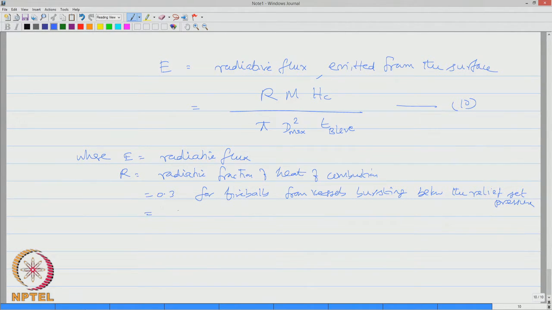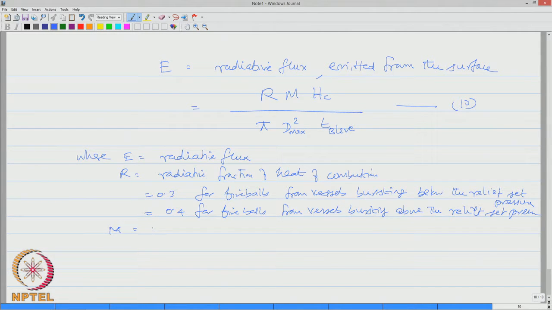It is taken as 0.4 for fireballs from vessels bursting above the relief set pressure.